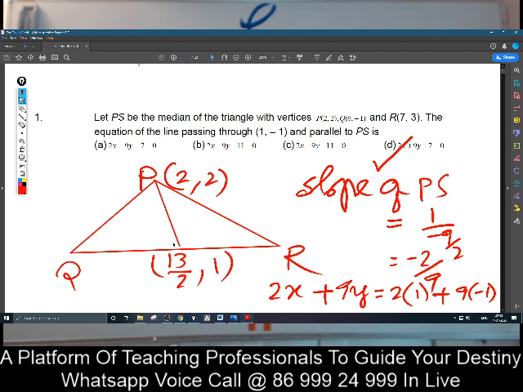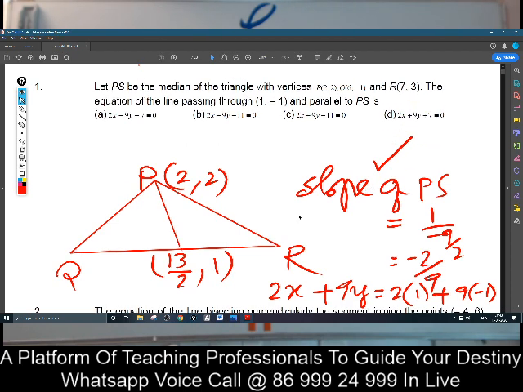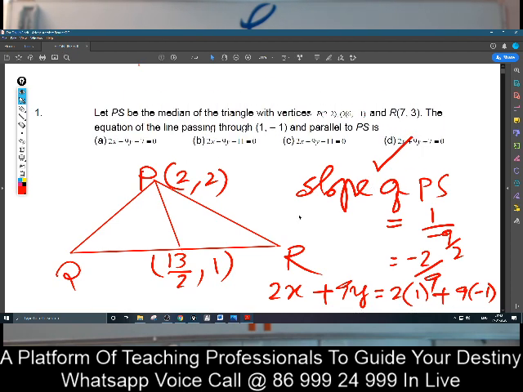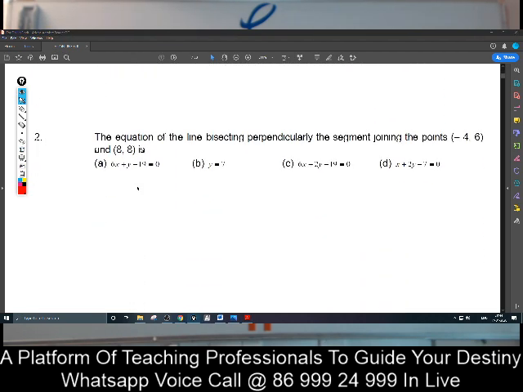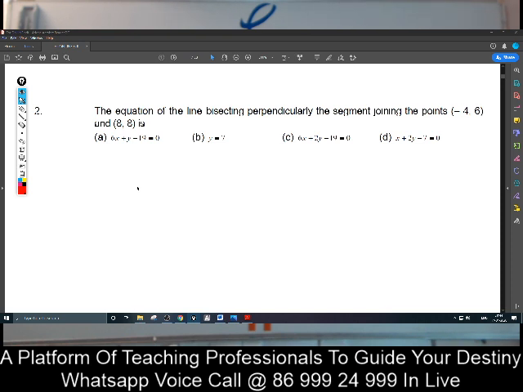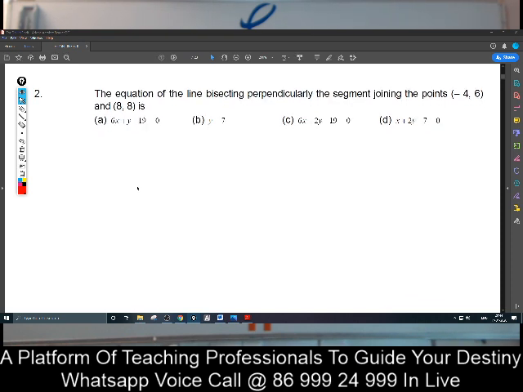Orthocenter is the point of concurrence of altitudes. Circumcenter is the point of concurrence of perpendicular bisectors. And incenter is the point of concurrence of internal angular bisectors.